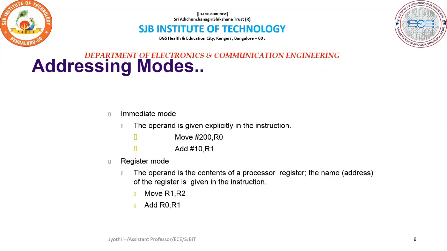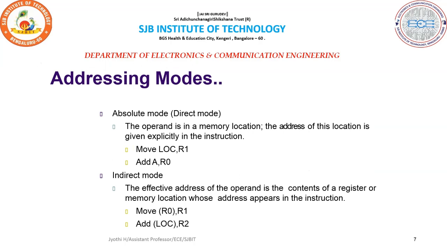Register mode is where the operand is the content of a processor register, and the name of the register is given in the instruction itself, for example Move R1, R2 and Add R0, R1. Absolute mode is where the operand is in a memory location and the address of the location is given explicitly in the instruction, that is Move LOC, R1: the content of the memory location should be moved to R1.